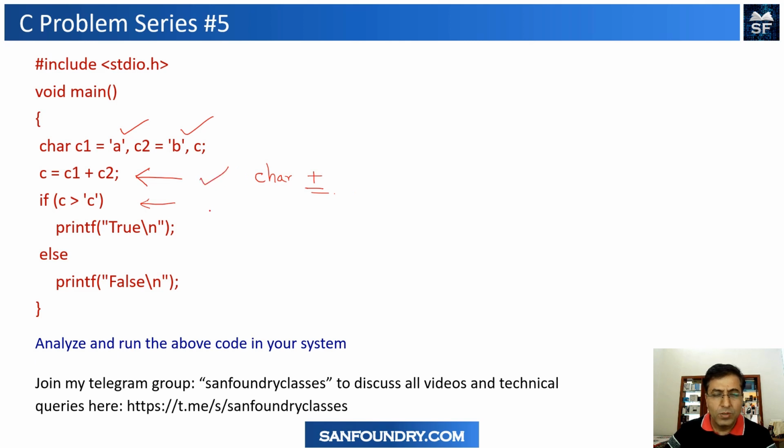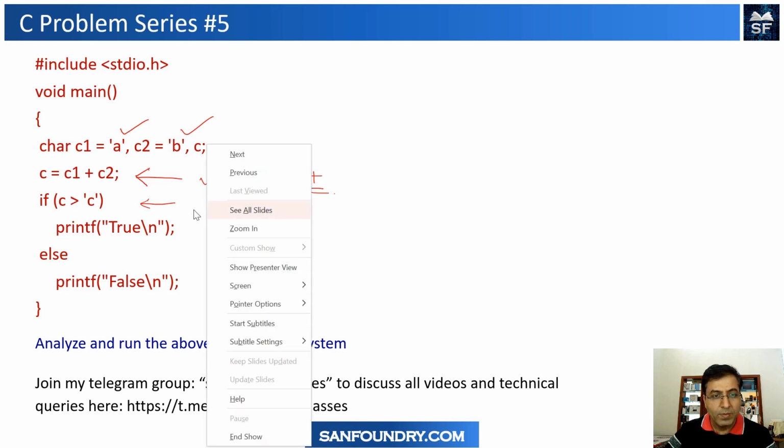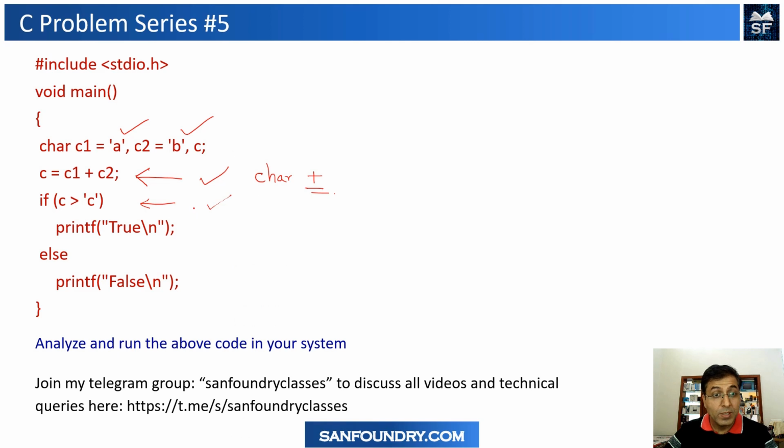Having said that, some of you will go ahead and say we pretty much know that the addition is greater than C. What is character A? Character A has an ASCII value of, I think, 96, and B has an ASCII value of 97 and 98.